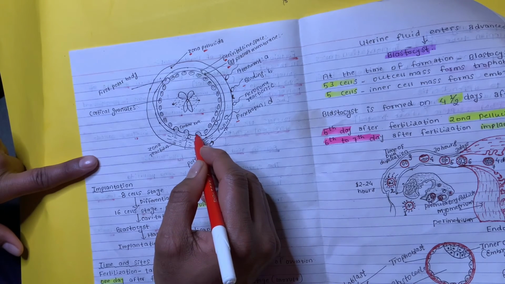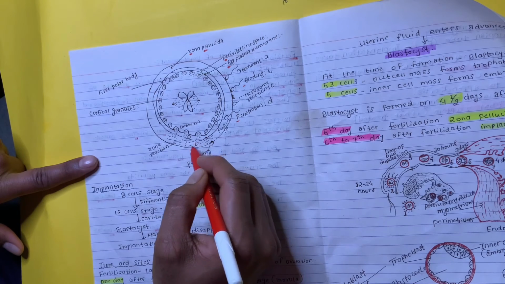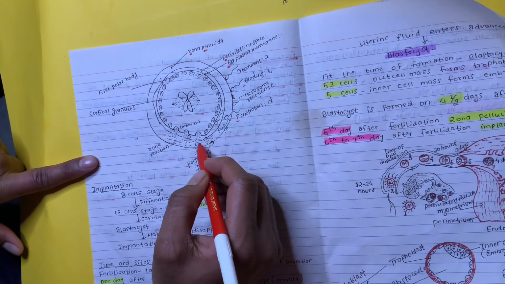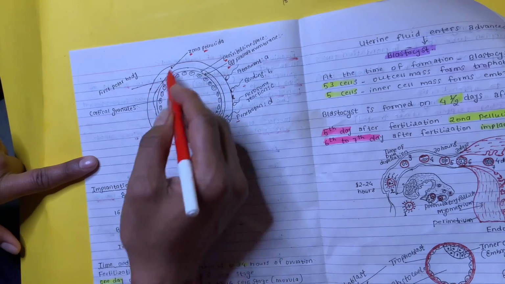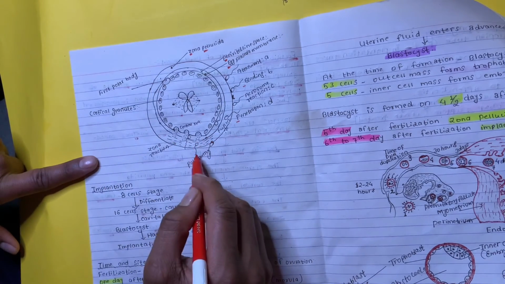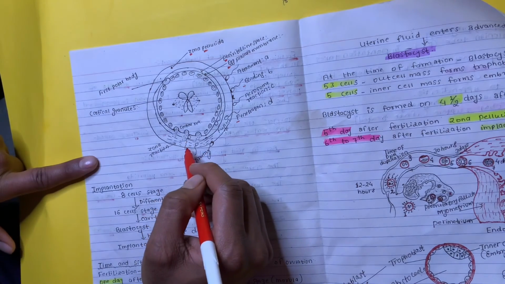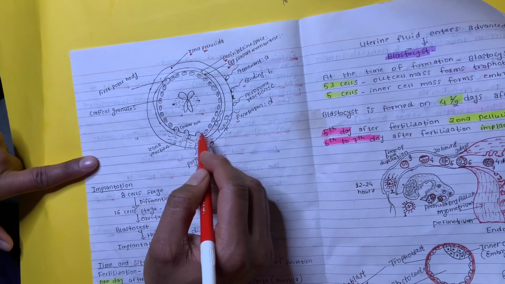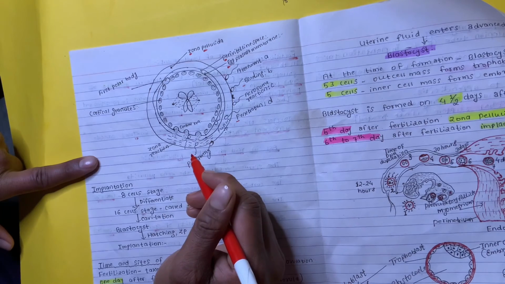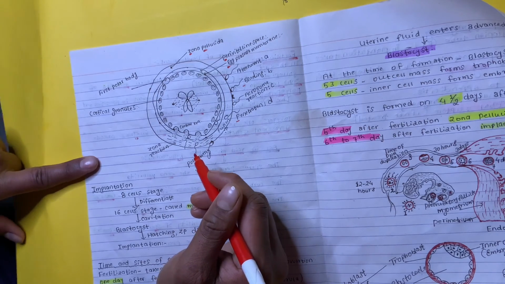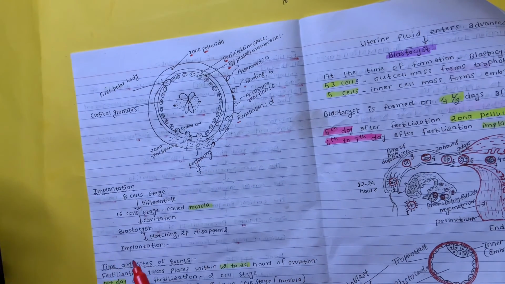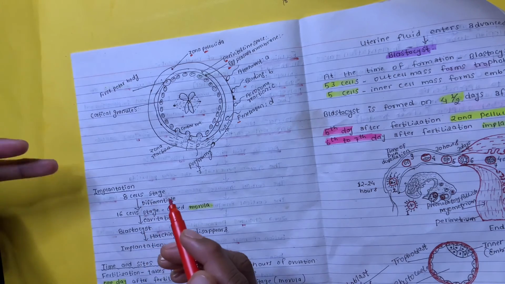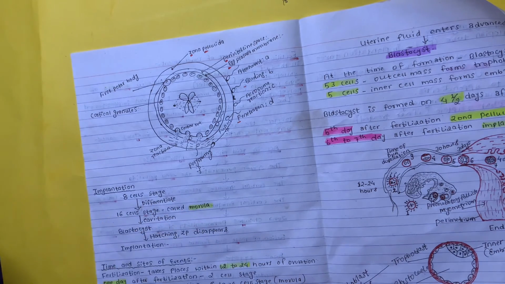When the cortical granules reach the zona pellucida, the permeability of the zona pellucida changes. As a result, further sperm cannot penetrate the zona pellucida, which prevents polyspermy. So this is what we are concerned to know about the first week of development in the first content, that is fertilization. Later on we'll be discussing implantation.